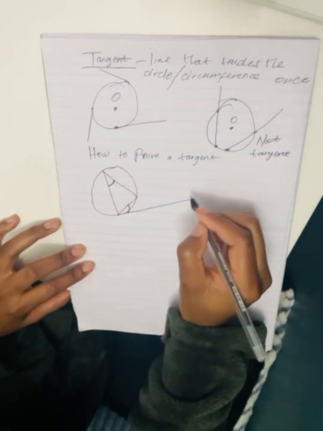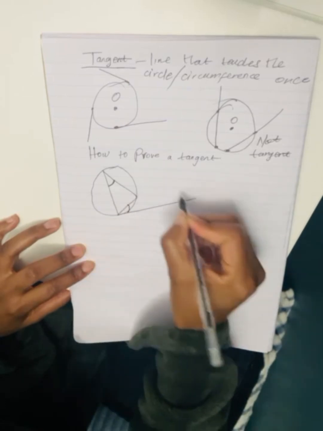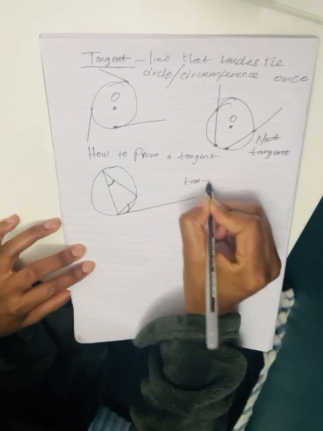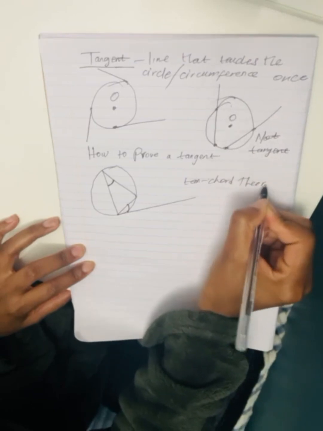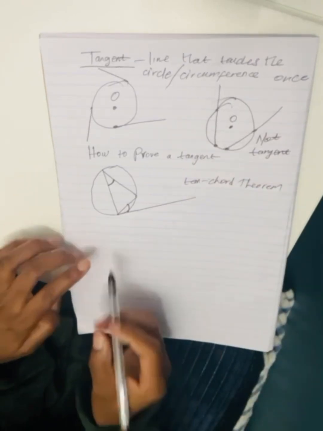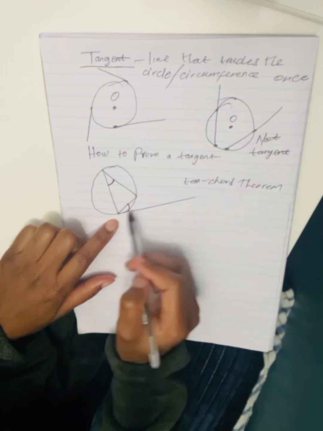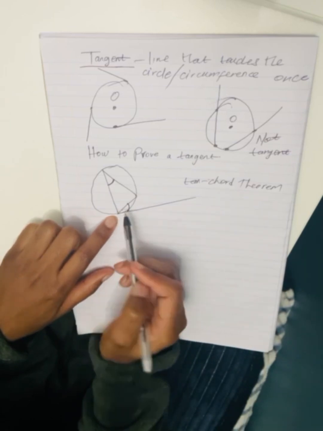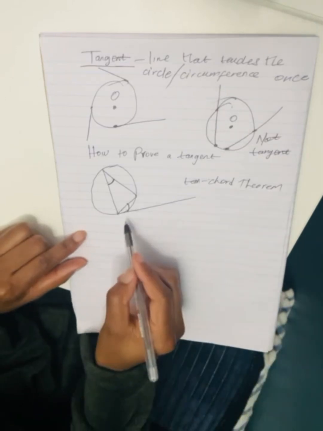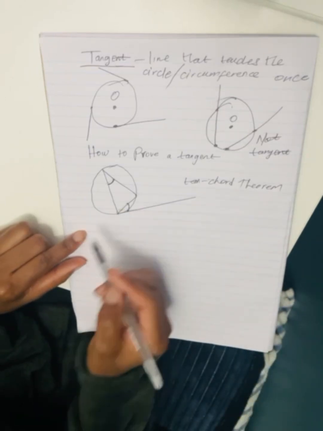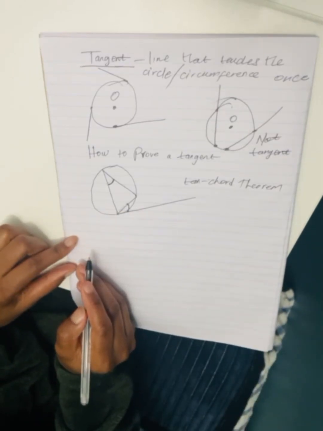This is a tan chord theorem. The angle between the tangent and the chord is equal to the angle at the circumference. That's why we say it's a tan chord theorem.